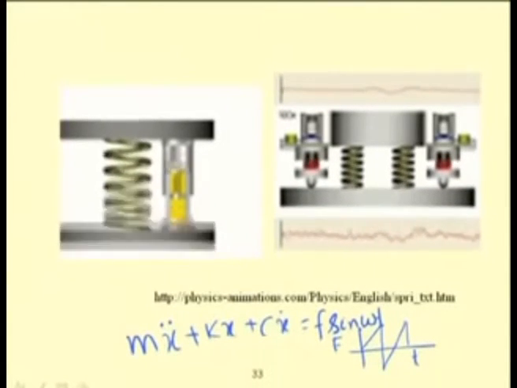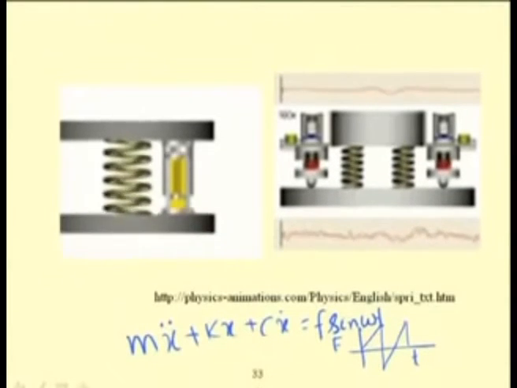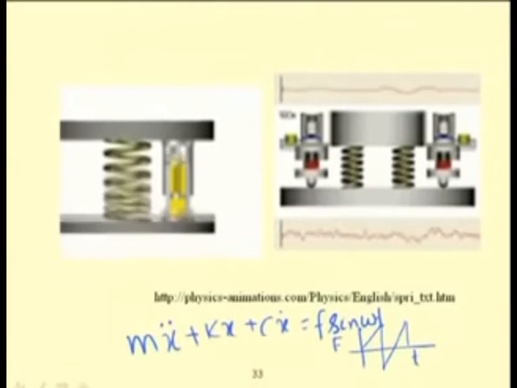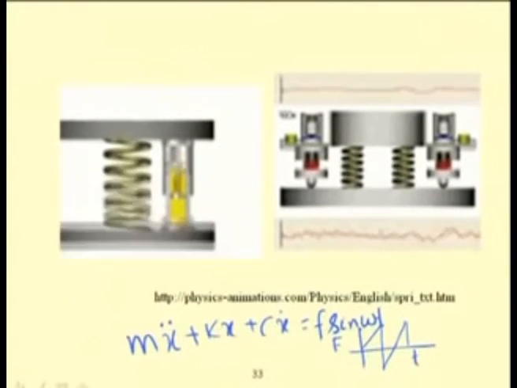For this single degree of freedom system, forced vibration one can study, and in this case the response will contain two parts. One is the transient part and the other one is the steady state response.